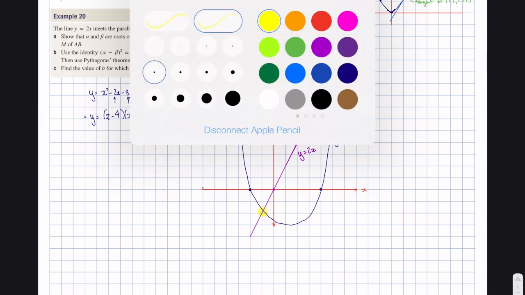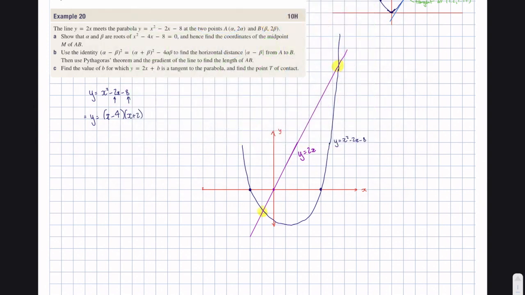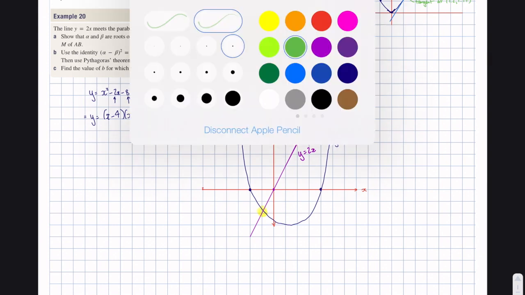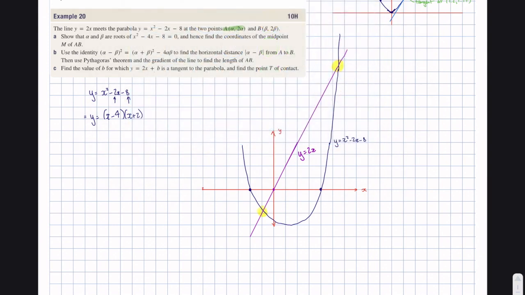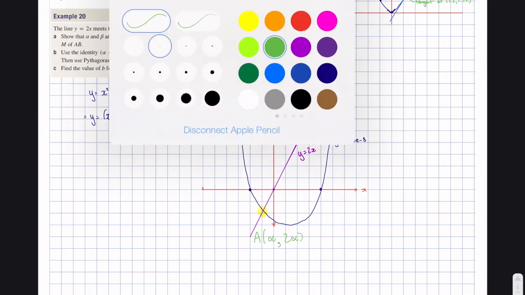I'm going to call these points A and B. You don't know which point is which. We're just going to generically decide that this is point A, (alpha, 2 alpha). So whatever alpha ends up being, the x coordinate is alpha and the y coordinate is twice that.